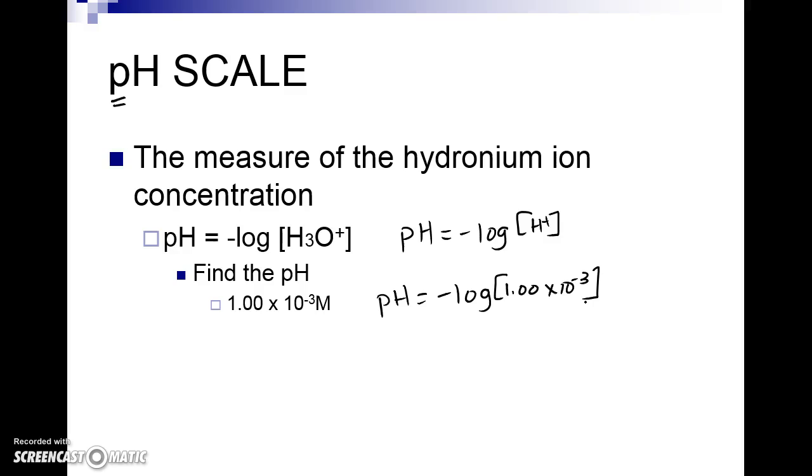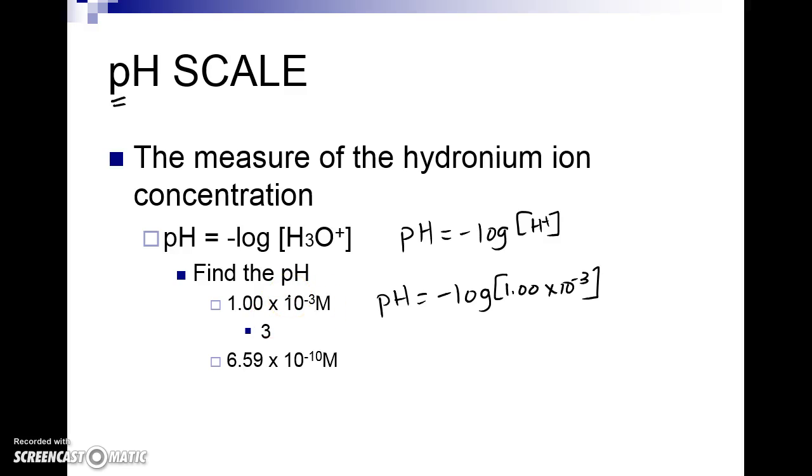And absolutely, if you have or haven't worked with logs, please make sure you can do this in your calculator. You plug that in, you press your negative, then your log button, and then type in this number in parentheses, and you should end up with the answer of 3. It's easy when it's 1 times 10 to a number.